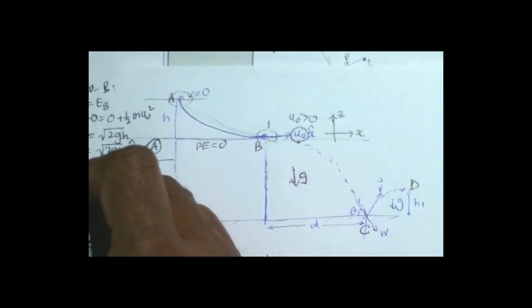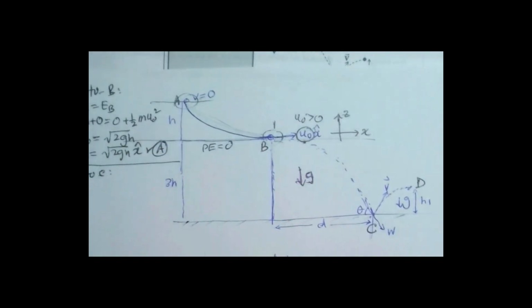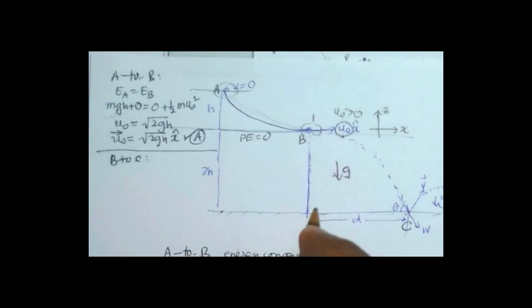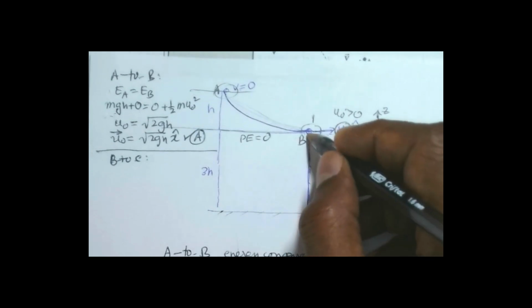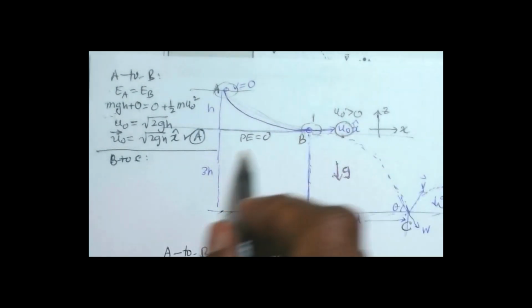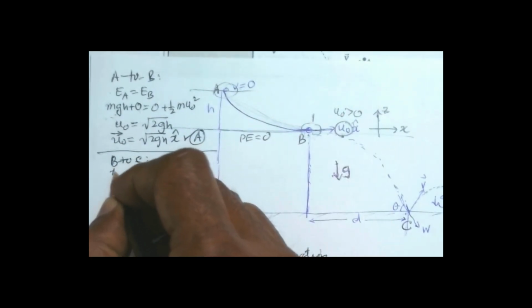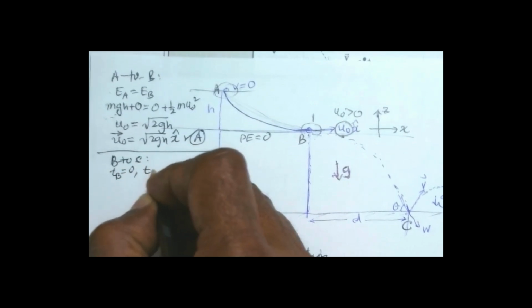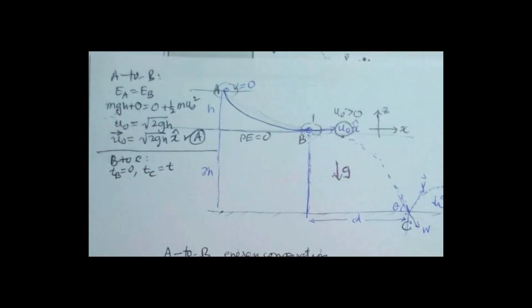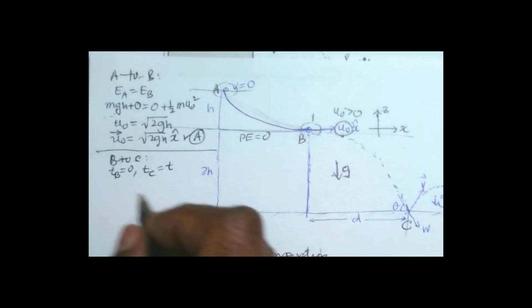There are a lot of ways to save time here, because in the x direction you just have, let's call t at B is 0 and t at C is denoted by t. Although t may not be necessary, let me do it my way.